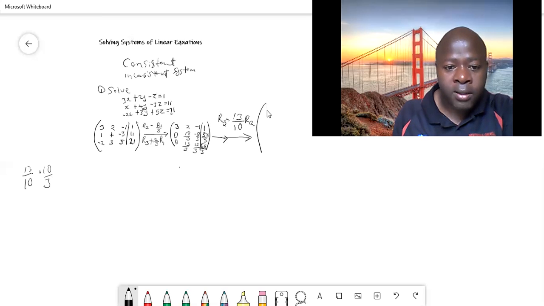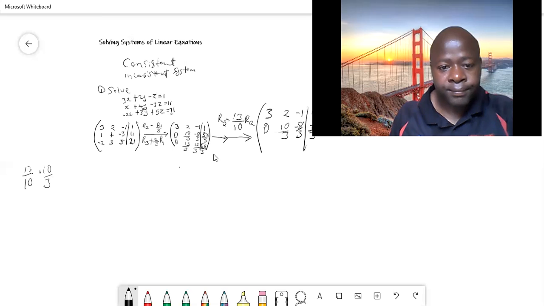Row 1 remains the way it is. We have not touched it. Row 2 also remains the way it is: 10 over 3, negative 8 over 3, that 2 over 3.